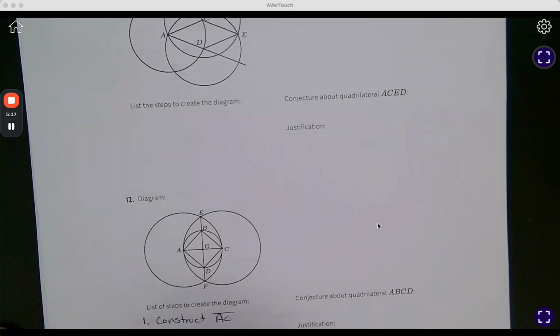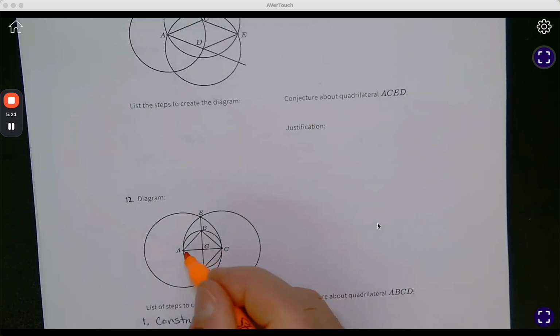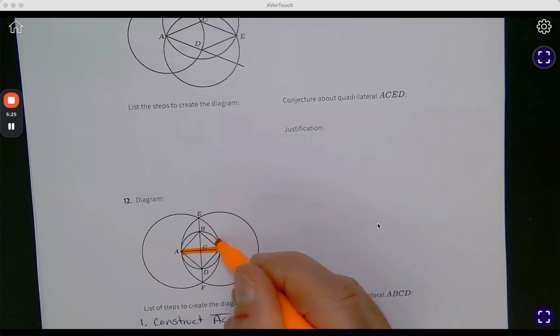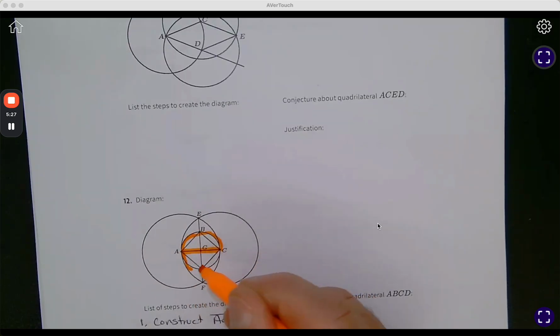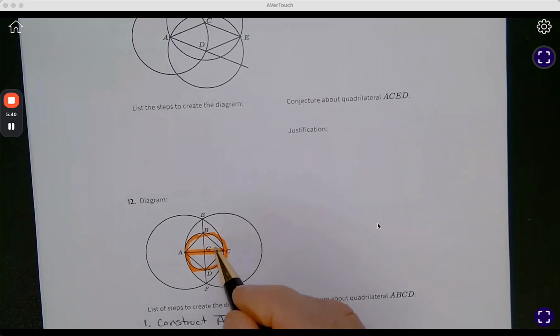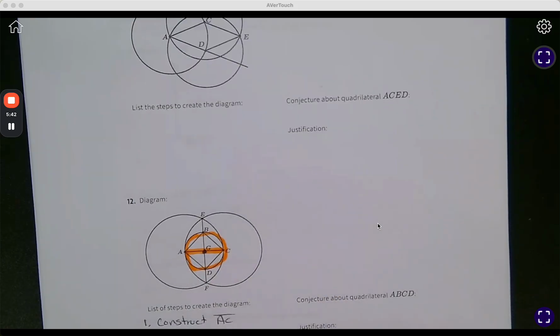I think then I would construct, so listen, I'm going to do this, boom, right? And then I think I would do circle G, right? So I'm going to create circle G, because G would be the center of my circle.